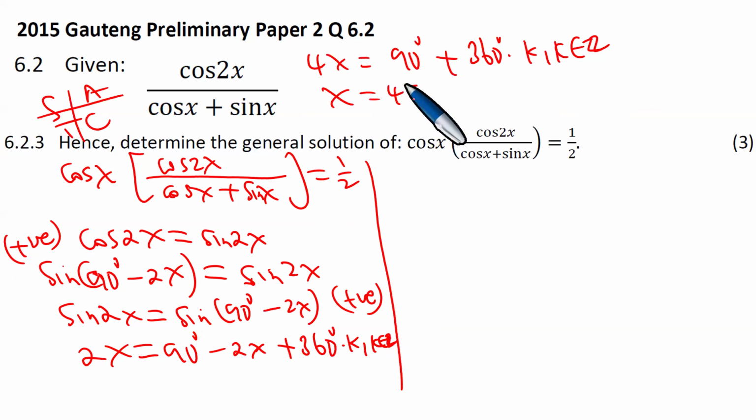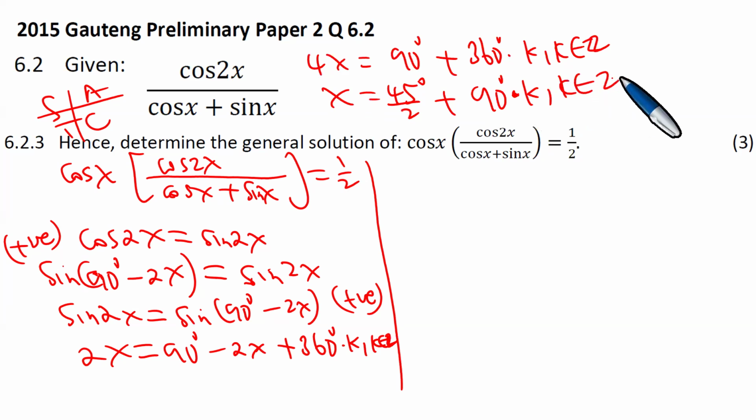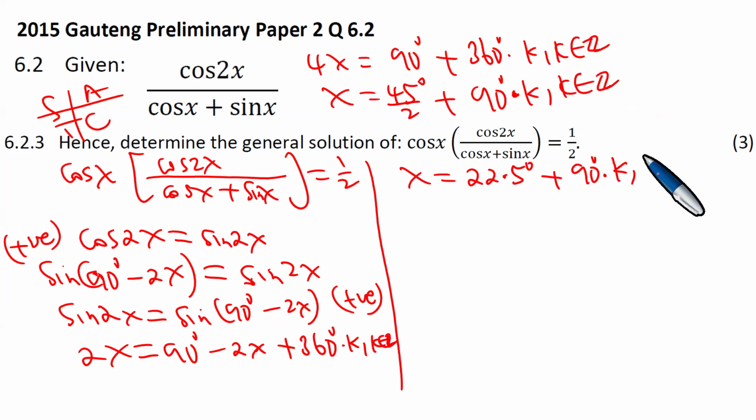We get 90 divided by 4, which is 22.5 degrees, and 360 divided by 4 is actually 90 degrees by k, k in Z. We continue.